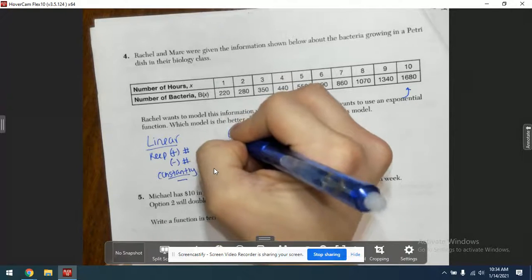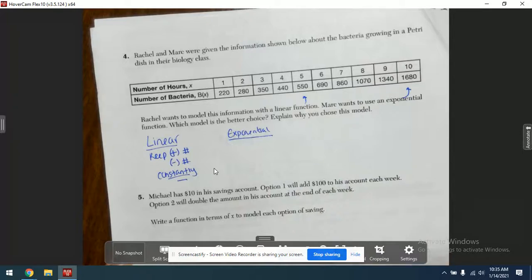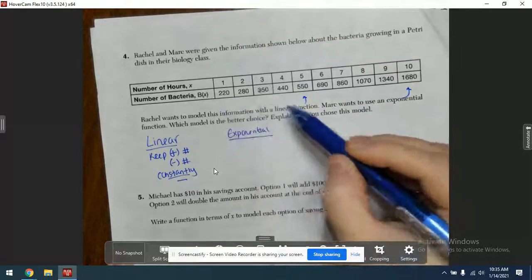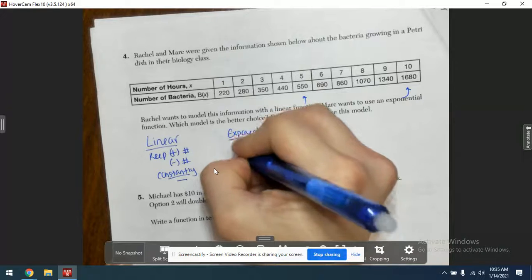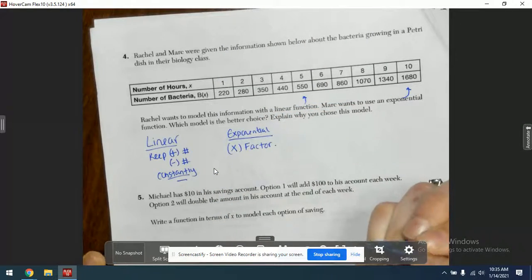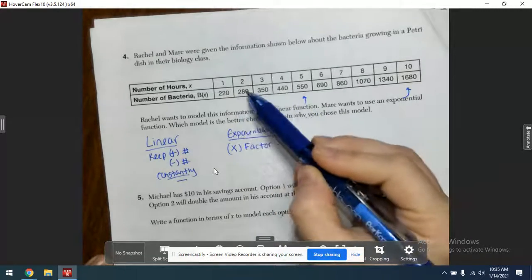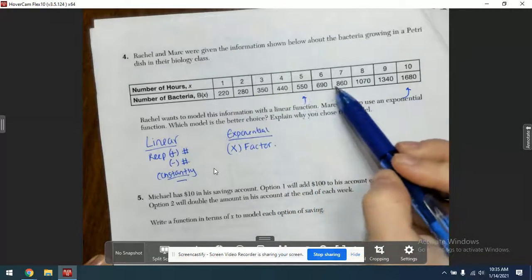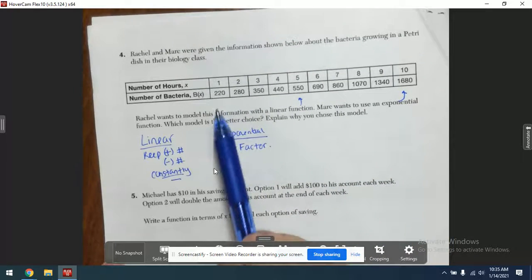If it's exponential, it keeps growing at an exponential rate, which means there's a multiplication factor. So you keep multiplying by a factor. Okay? Never division, guys, because we always have to multiply by something. So if it looks like it keeps dividing and getting smaller, it's because you're multiplying by a fraction. Okay, so let's see what's happening here.